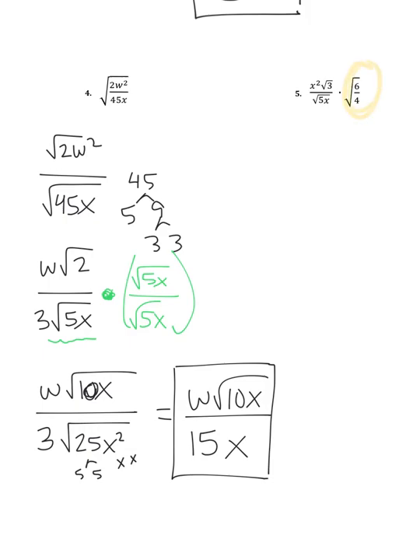I'm looking at that square root of 6 over 4, and that to me jumps out as a great opportunity to rewrite it as a square root 6 over square root 4. Okay, so I want you to start with that, and then once you've reduced that radical, bring in your multiplying with the first fraction, the x squared, square root 3 all over the square root of 5x.